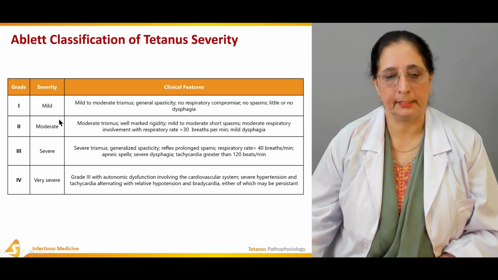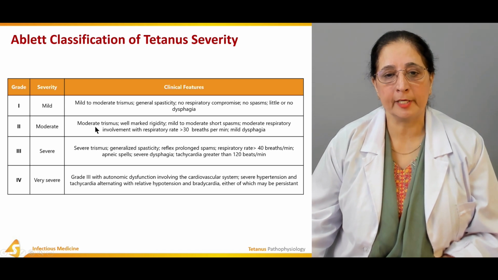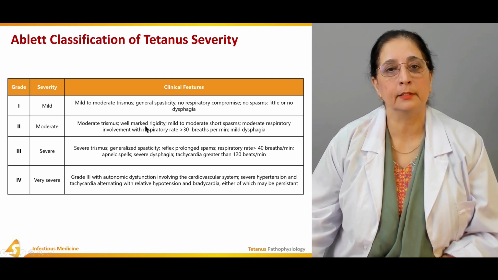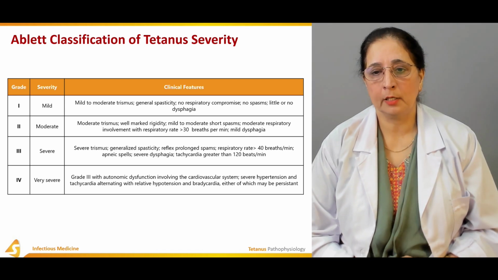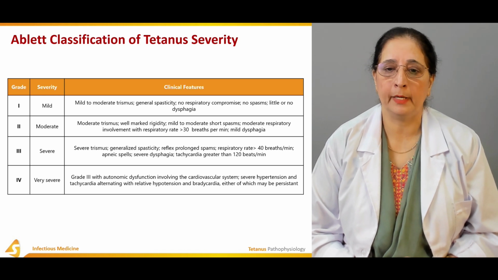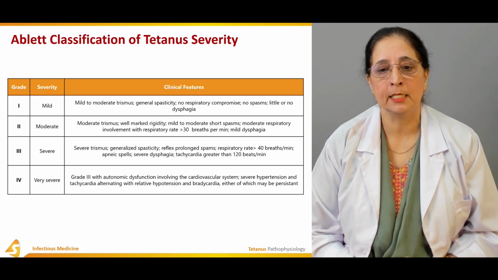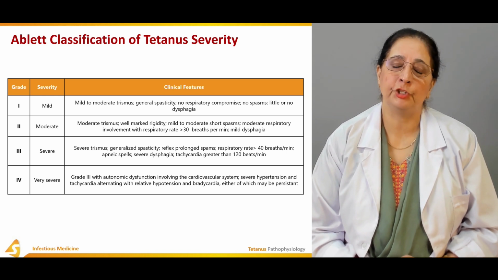Then we have moderate tetanus, with moderate trismus, well-marked rigidity, mild to moderate short spasms, moderate respiratory involvement with a respiratory rate of more than 30 breaths per minute, and mild dysphagia.